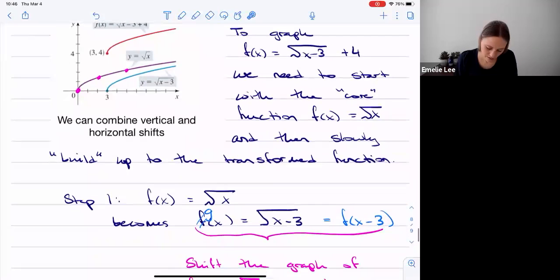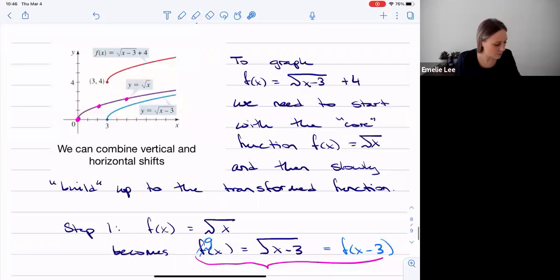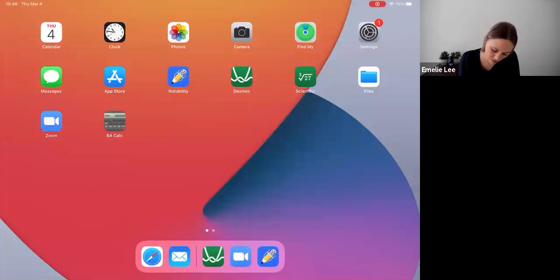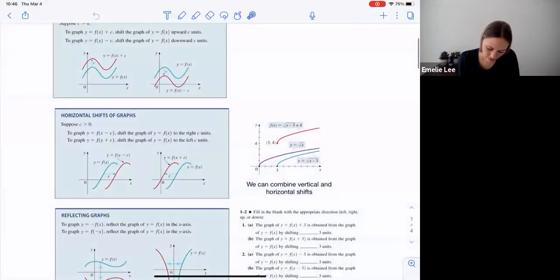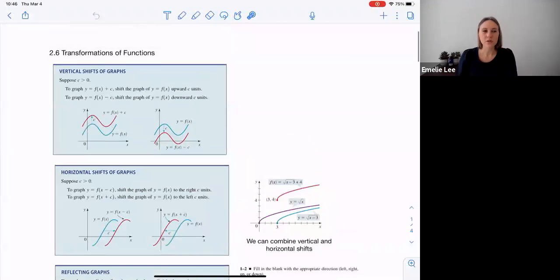Okay, so what I want you to do for next day, I'm not going to pick one to use as review, but I do want you to read the rest of 2.6 just to have an idea of what's going on. It's quite a long handout.